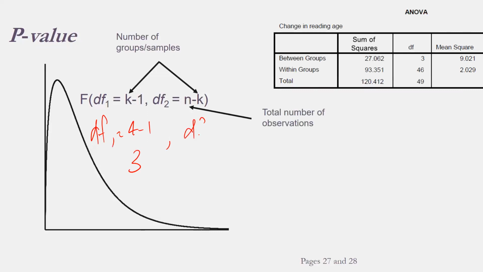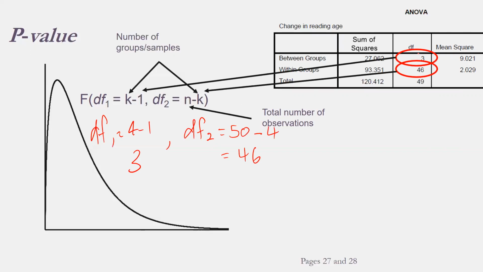And the total sample size was 50, I don't remember, 50 minus k, which is the number of groups, minus 4 is 46. That's where these two numbers came from. Okay, and this is on your formula sheet, the calculations for degrees of freedom. So you just have to remember k is the number of groups and N is the total number of observations.